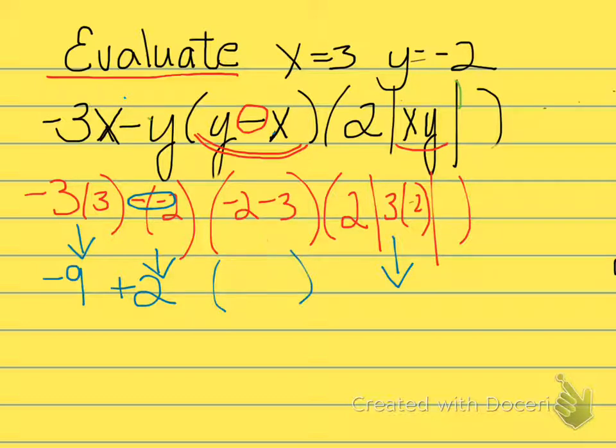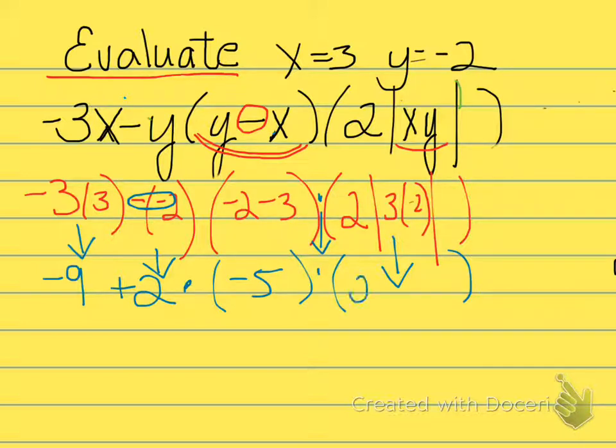Now -2 minus 3 is -5. And see, multiply those two. And if you see it while you're here, just put a multiplication symbol between there so you don't forget. Here we come again. Parenthesis touching parenthesis, multiplication of those parentheses.